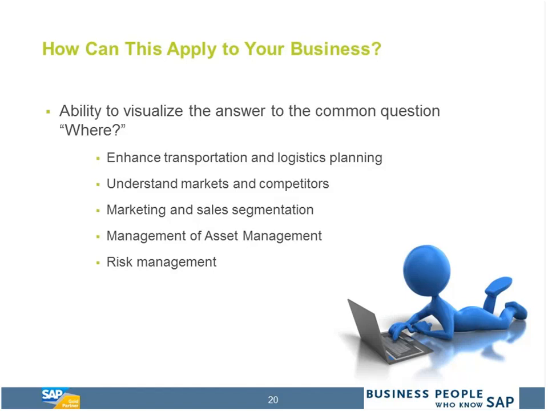Risk management, or management of assets. Where is my inventory? Where should it be going? Risk management: maybe you're an insurance company. Where is the highest risk? Do I need to increase the insurance over there? Are there rivers nearby? Hurricanes?